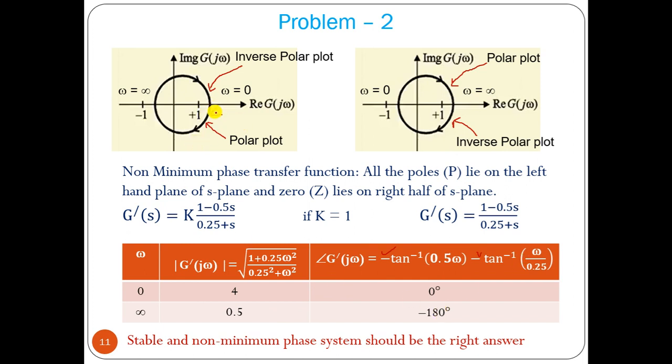So this is your 4, starts at omega equal to 0, minus 90, minus 180 degree, and it reaches 0.5, and this should be the inverse polar plot.